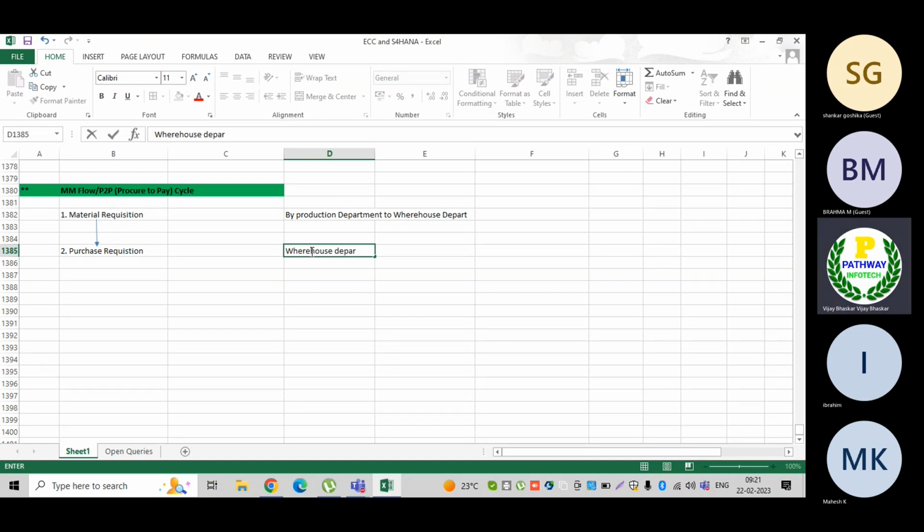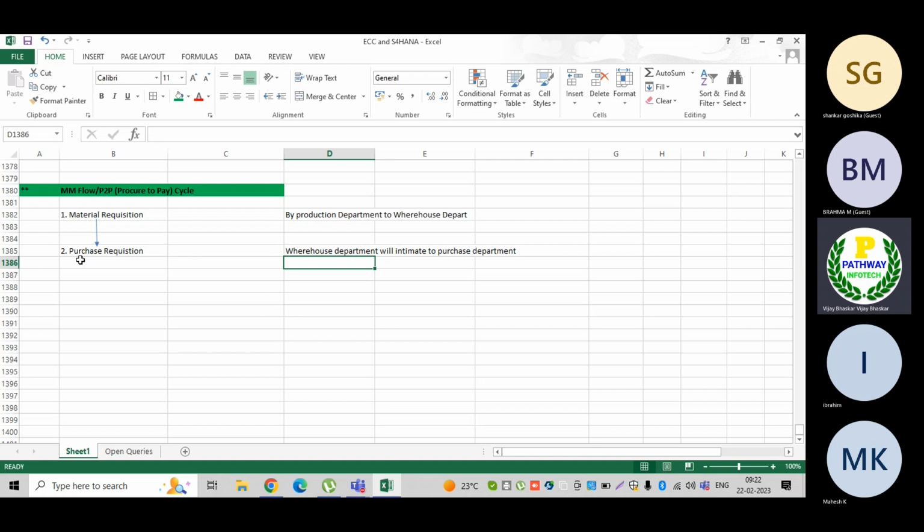The warehouse department will intimate the purchase department to buy the raw material. Everything will be in the system only.